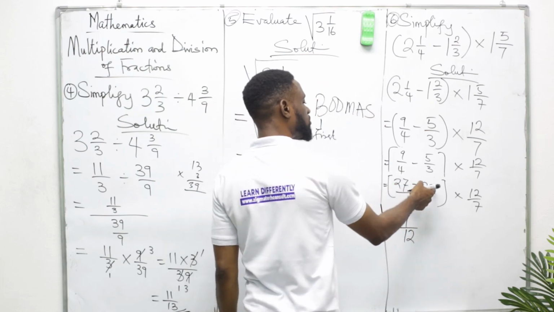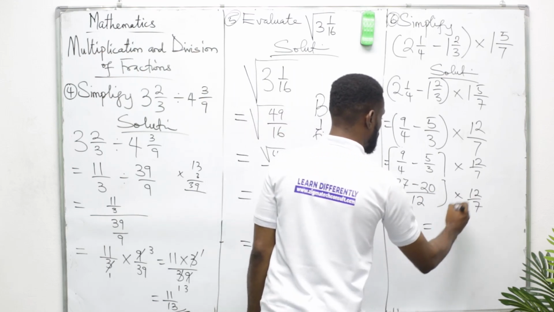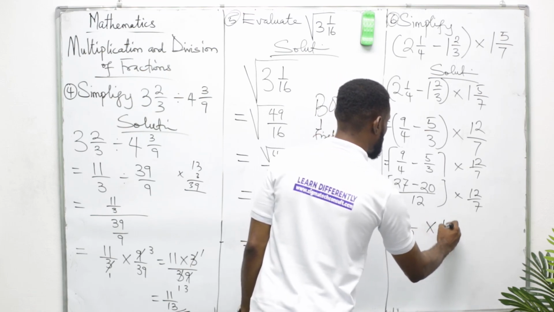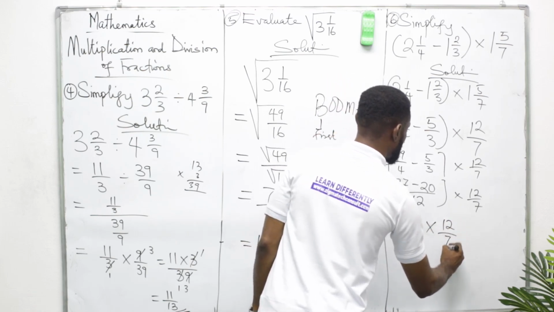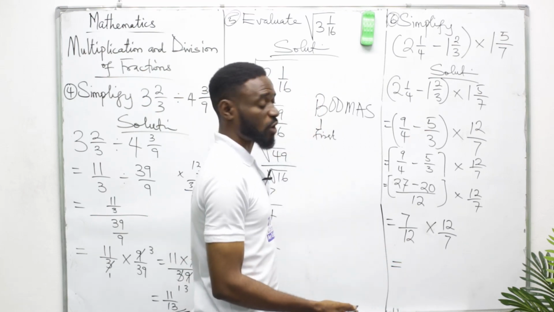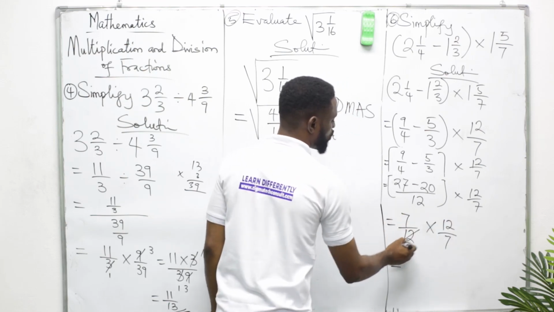That is 7 over 12, times 12 all over 7. Is that okay now? All right. So 12, 12, 7, 7. So we know what our answer will be.